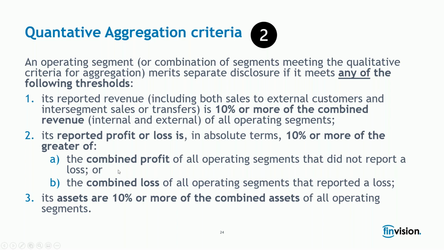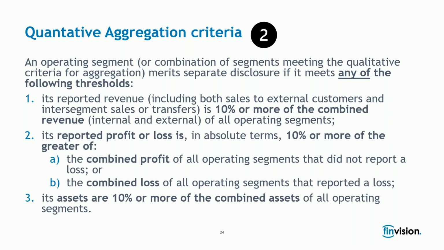If it's a loss, then you compare it to the combined loss of all operating segments that report a loss. And the last one, if assets of an operating segment represent 10% or more of the combined assets of all operating segments, again, you report it separately. So 3 different quantitative criteria that could trigger the requirement to report separately.